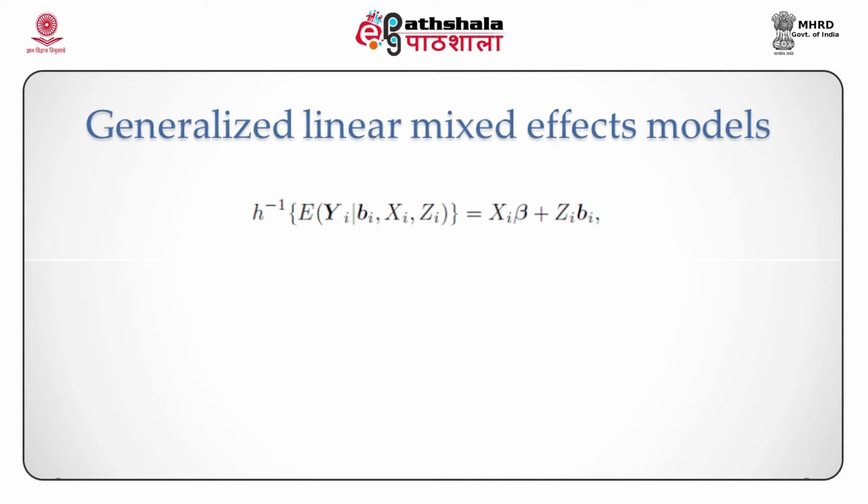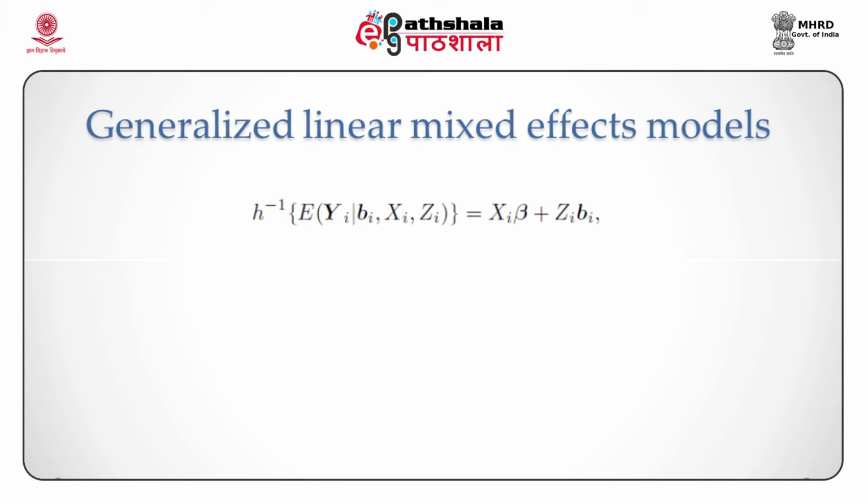This is done from the same motivation as is done generally for a GLM, that is to preserve the range of the interval. For example, H could be the logit function, and in that case we would say that logit of pi i over 1 minus pi i equals xi beta plus zi bi.